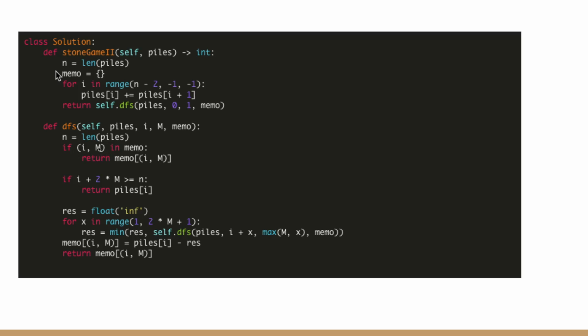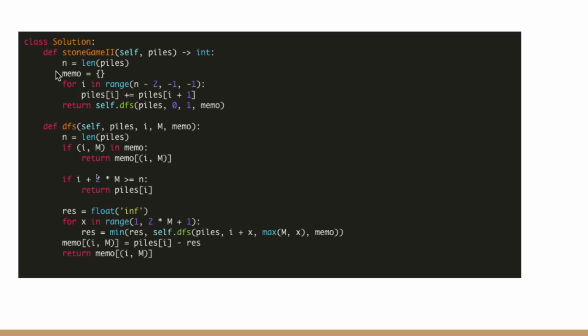So if you already calculated this, we just bring it back from the cache. Everything is identical to the previous templates. And there are a couple of differences, right? One example is the base case. This is actually what I just described, right? When you have a huge array, and i is somewhere in the middle, but m is very big, 2 times m plus your initial position is already bigger than the entire length of the array.